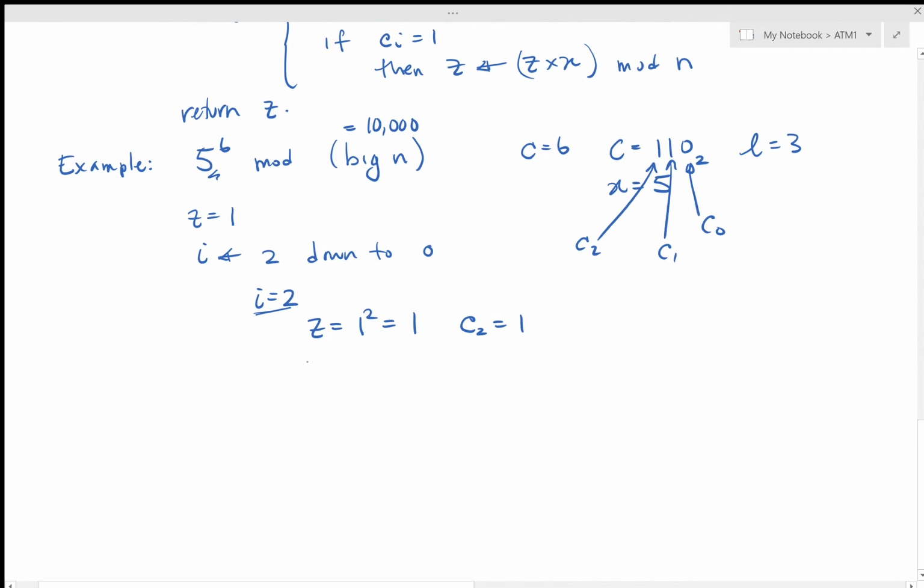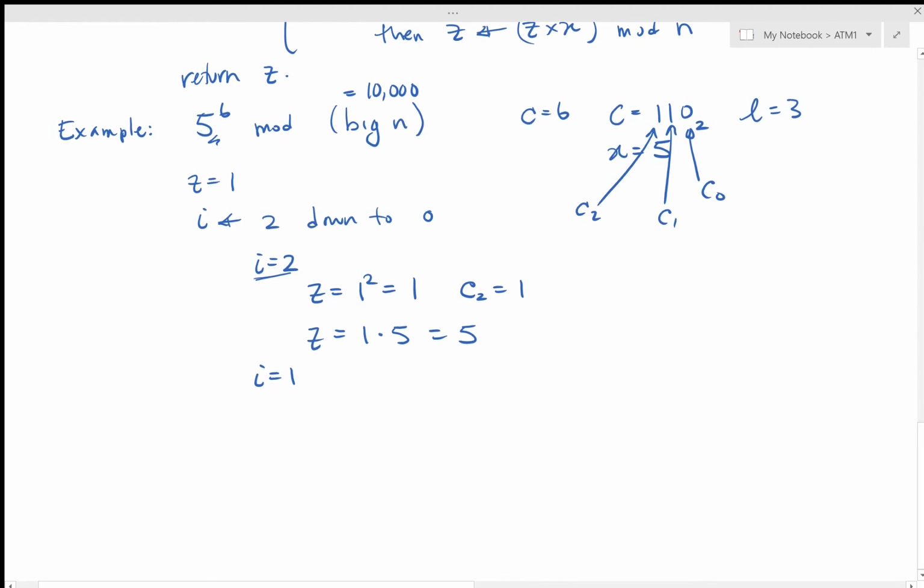So therefore I put Z equal to Z times X, and X is 5, and then that calculation is 5. Okay. Then I is decremented and I gets down to 1, and then Z is equal to Z squared. Z is currently sitting at 5, so Z becomes equal to 5 squared, which is 25.